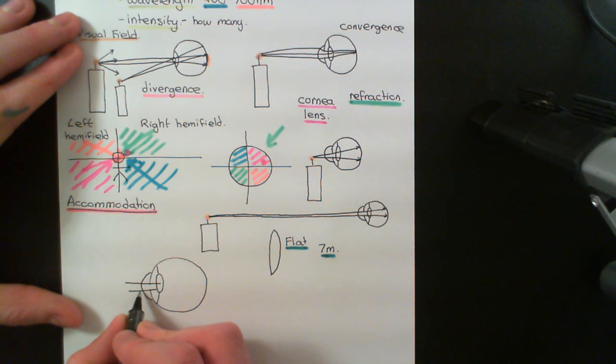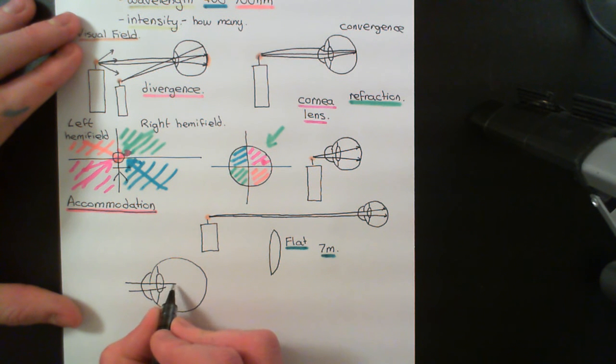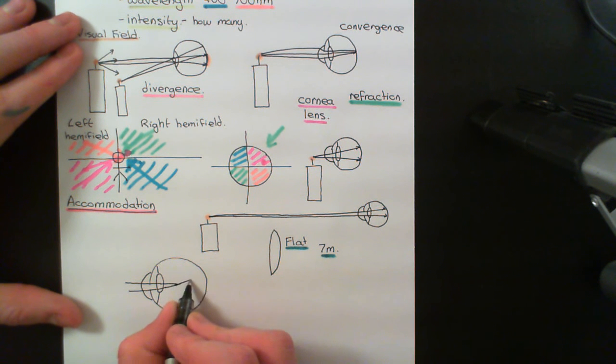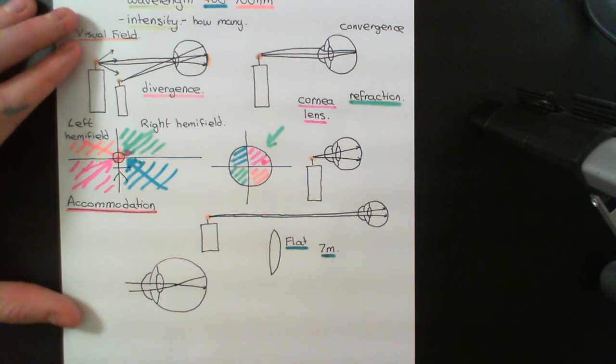So what will happen is it will be bent by the cornea. Whoops, and I should have drawn it being bent more by the cornea, but never mind. Let's have it being bent by the lens, and let's say that it would focus onto a point here. Okay, so you can see that it's ready to focus here, but the retina isn't here. So what will now happen is these waves will cross over and you can see it's re-diverging out.